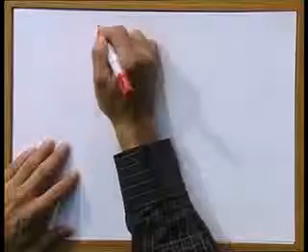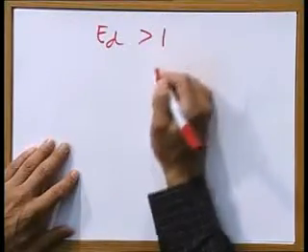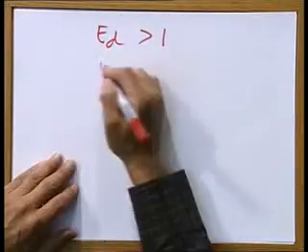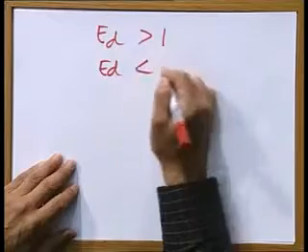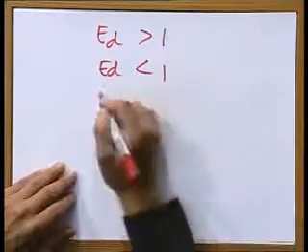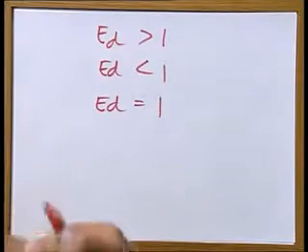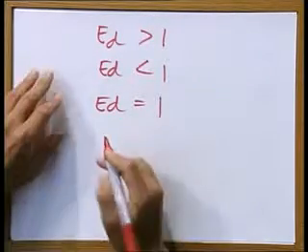And just to summarize it again, ED can be bigger than 1, then we talk about elastic demand. ED can be smaller than 1, then we talk about inelastic demand. ED can be equal to 1, then we talk about unit elastic demand or unitary elastic demand.